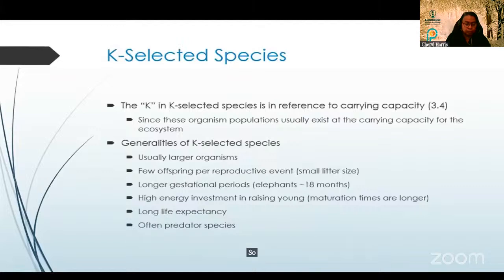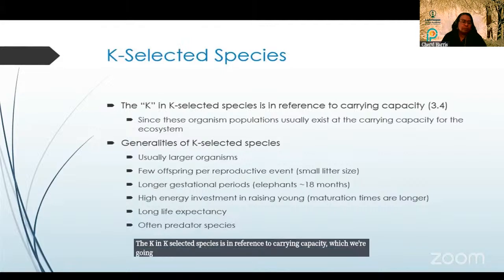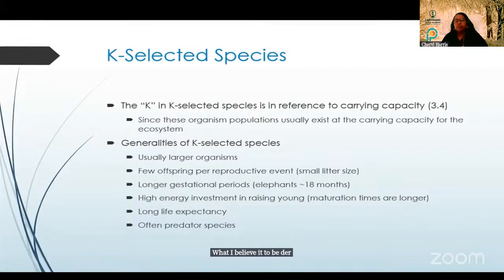So let's get started. First off, talking about K-selected species. The K in K-selected species is in reference to carrying capacity, which we're going to talk about in 3.4. Now, I know what many of you are saying. Carrying capacity doesn't start with a K. What I believe it to be derived from is a German word.